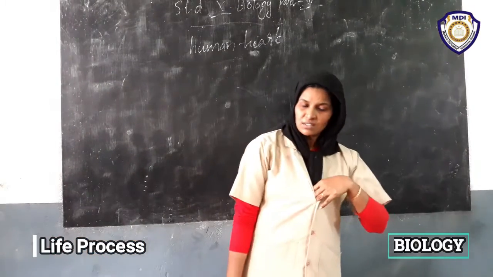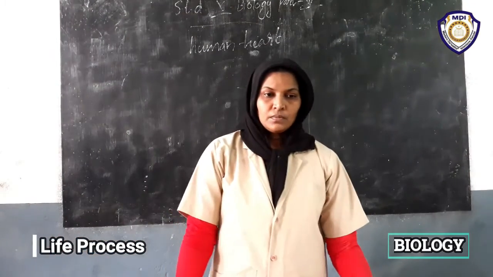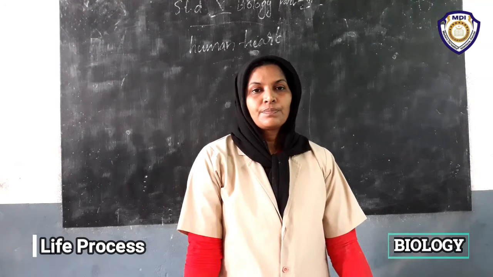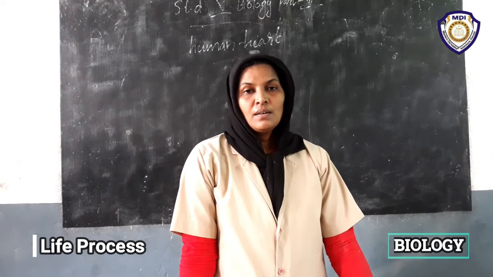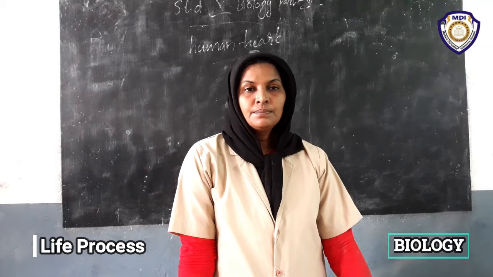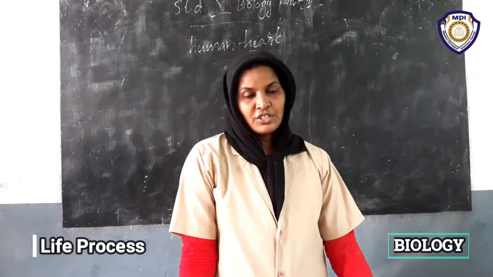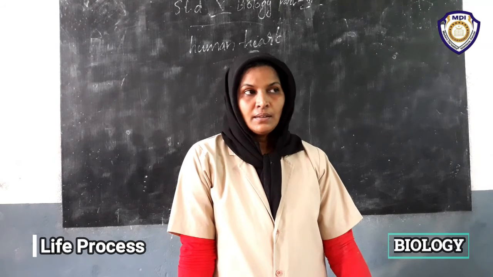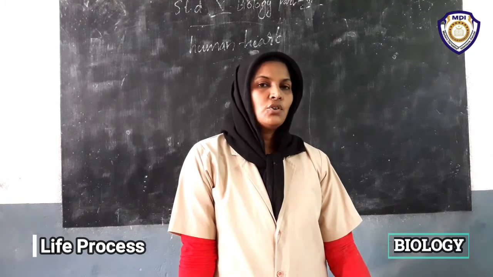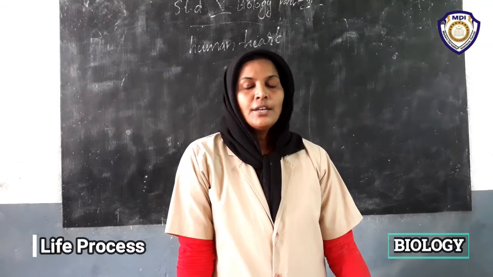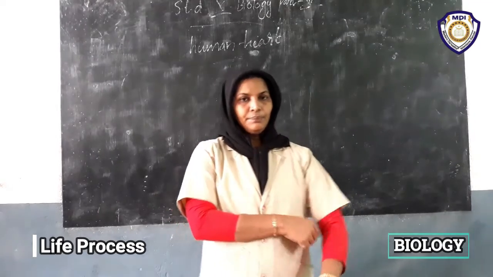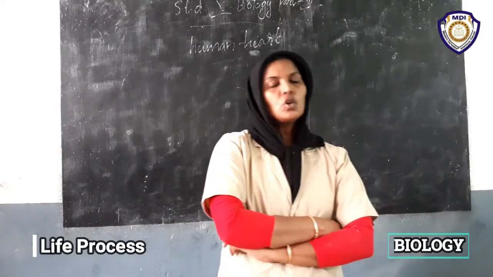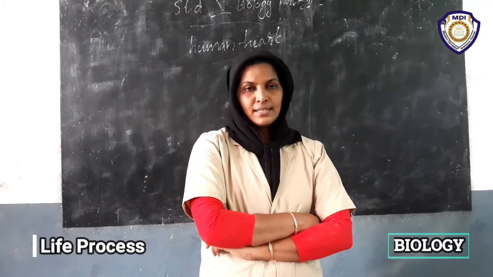You know the structures. There are 4 chambers. The heart is a muscular organ. It is as big as our fist. The 4 chambers consist of upper 2 chambers and lower 2 chambers. The upper chambers are called atria and the lower chambers are called ventricles.